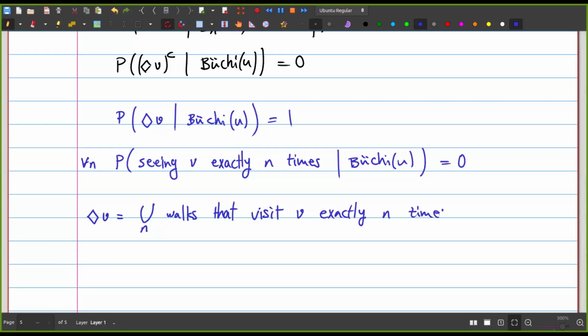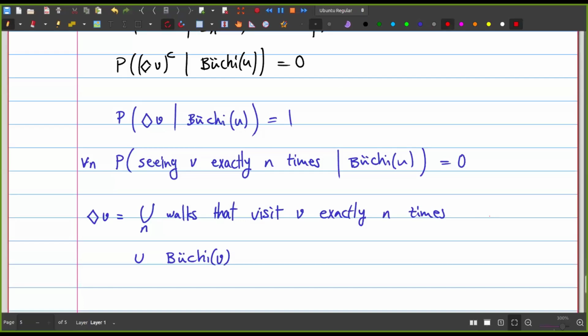Right? So these are going to cover all the walks that see V a finite number of times, but this is going to be unioned with Büchi of V. All I'm saying here is that, well, this is the set of all walks that visit V. If a walk visits V, it either visits V once or twice or 3 times or n times, or it visits it infinitely many times. So I'm writing the finite cases here, I'm writing the infinite case here.